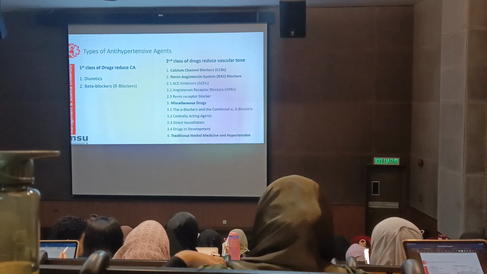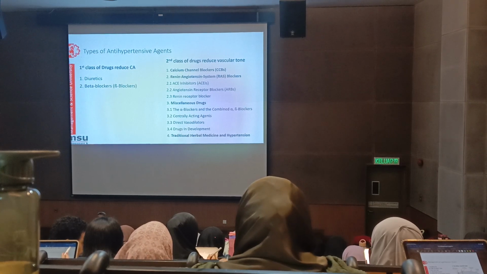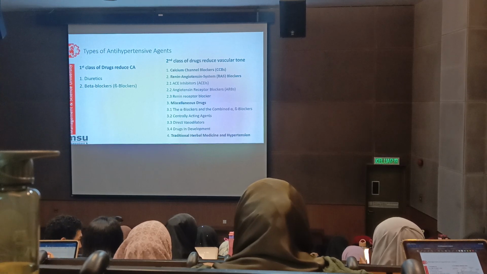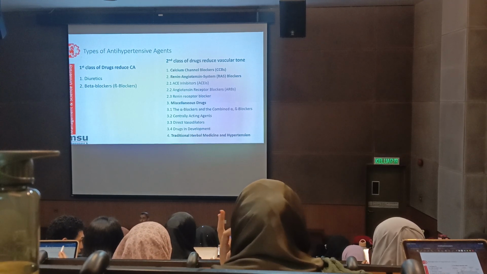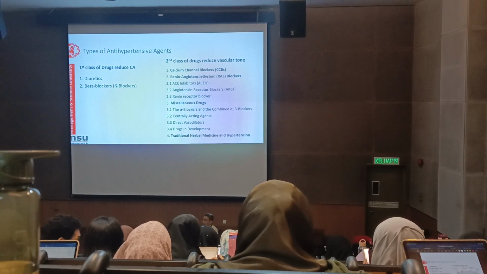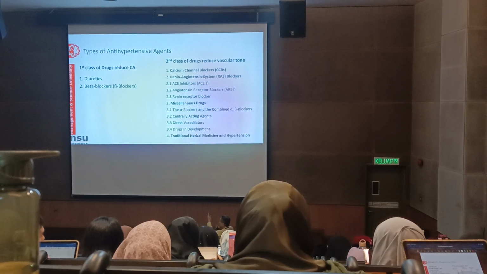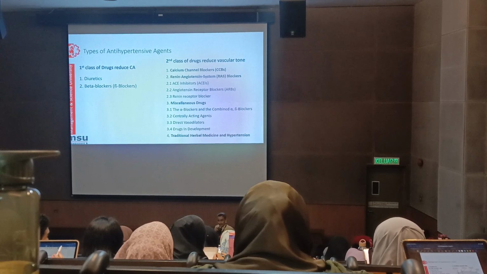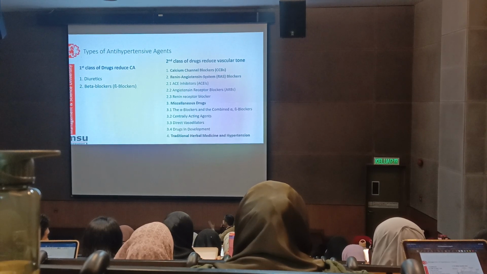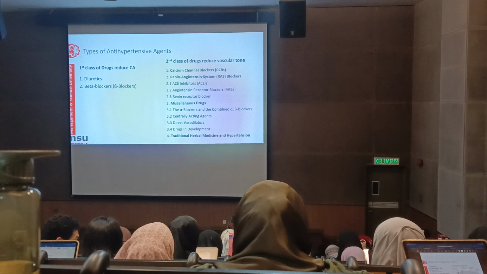I try to link with the pathology, easy for you to remember, so that the drugs that can involve the blood volume or cardiac output. We have 2 classes: diuretics and beta blockers. Okay, we have 2. In other classes, as I mentioned before, we discussed the diagram in the slide before. We have so many classes.